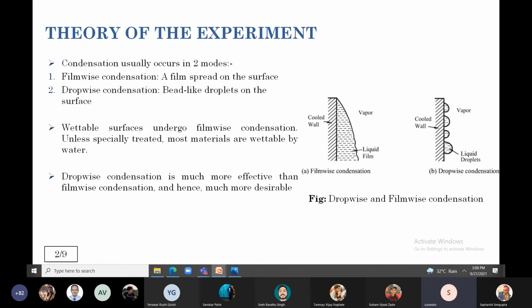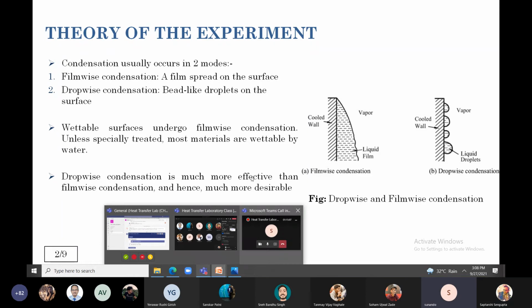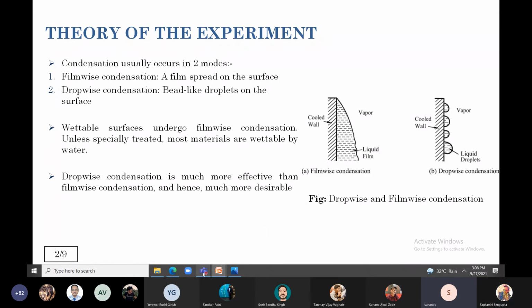But in the right hand side part of the figure, you do not have that much conduction resistance as provided by the thick film. What you have are tiny droplets.